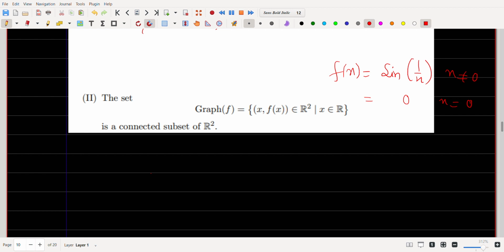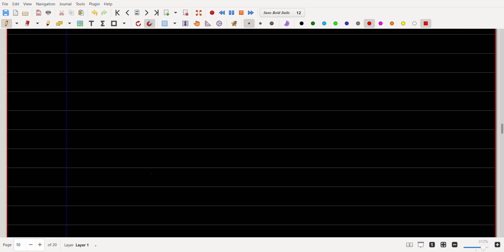But it is connected. Why is this connected? Because f already attains all the values between -1 and 1, and except at 0, it is continuous at every point. The only point where it is not continuous is x equal to 0. But since the value at x equal to 0 is not attained otherwise, I can just assign the value to be 0, and simply the graph becomes connected, but clearly f is not continuous. So that's why it is very important.